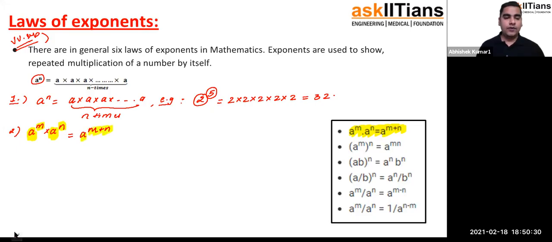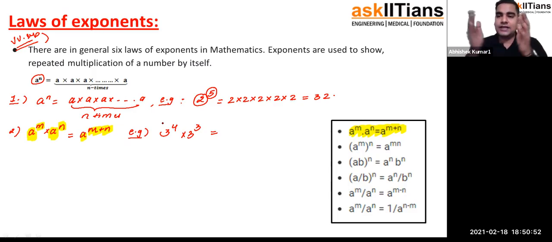For example, if they are asking me to solve 3 raised to the power of 4 multiplied by 3 raised to the power 3, then there are two ways to do it. Either you can solve 3 raised to the power 4 separately, solve 3 raised to the power 3 separately, then multiply both of them. That is the first approach.